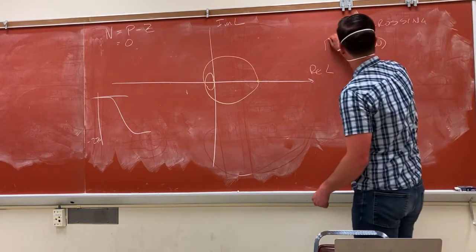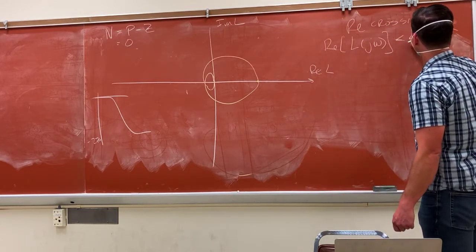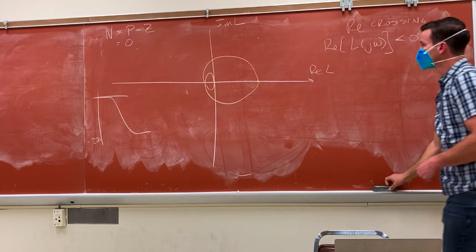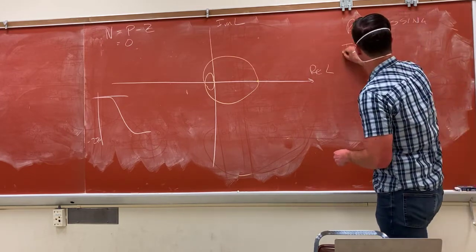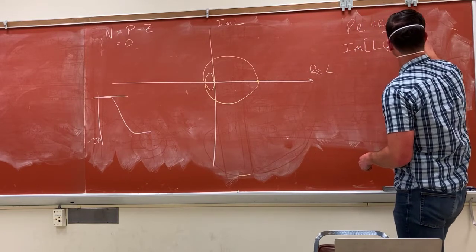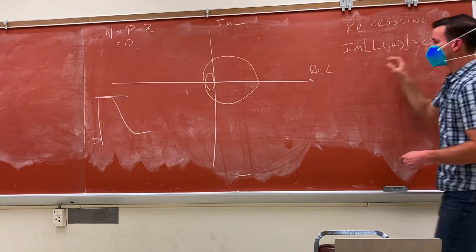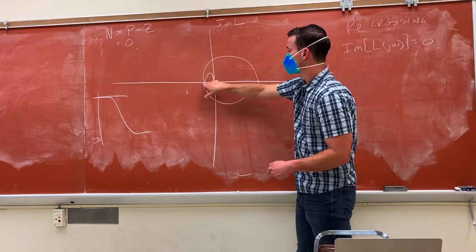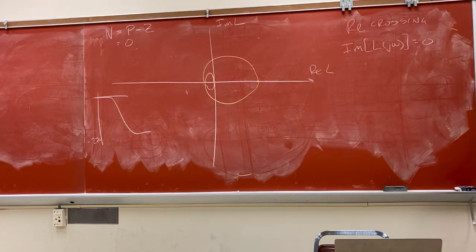So that's the real part of this is less than 0. And the imaginary part is equal to 0, which is probably a more helpful way to think about it. Right, this will give us both this point and these points, but it's that point I'm interested in. So maybe I'll sort through the answers at the end.